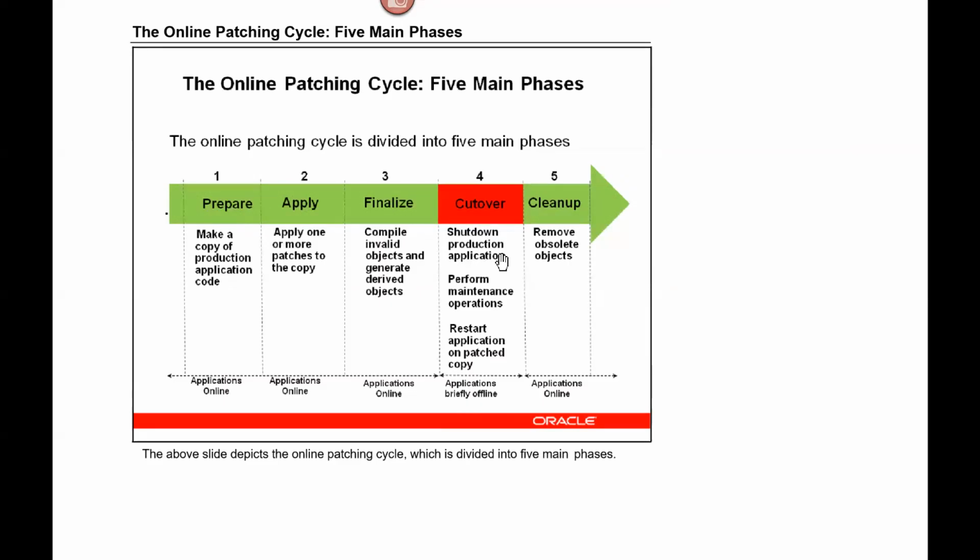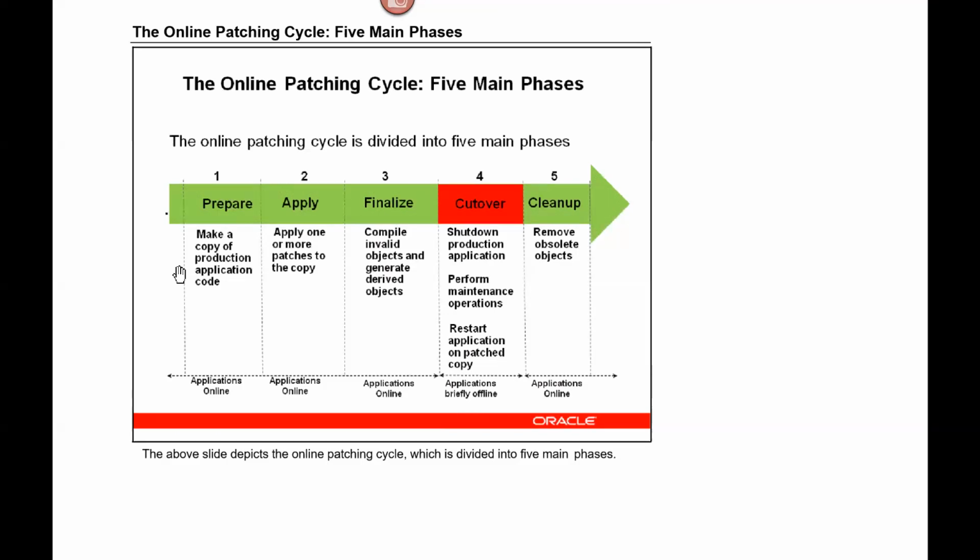You don't need to do it manually, the system will do it. Once you say cutover, the system automatically bounces. It performs maintenance operations and restarts the application on the patched copy. And in cleanup, you remove the obsolete objects. So these are the total 5 different phases we have in the patching cycle.